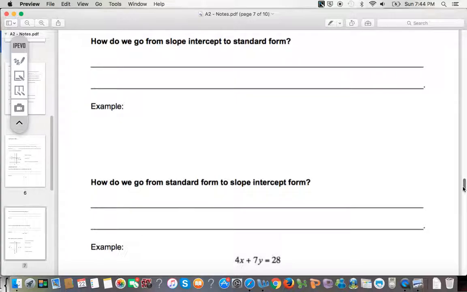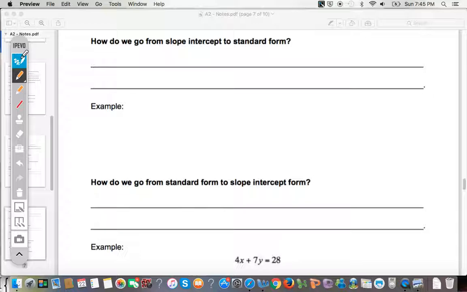So how do we go from slope intercept to standard form? What we're going to do is we need to get our x and y on the same side of the equation.